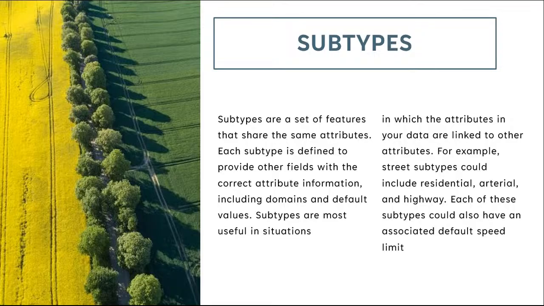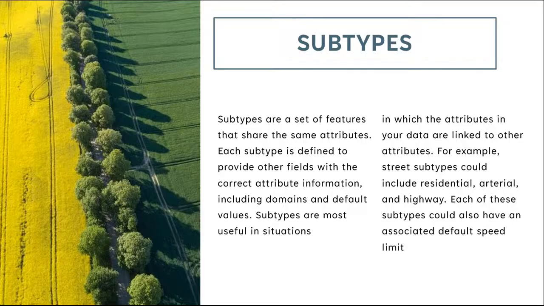Subtypes. Now we established from the introduction that the domain and the subtypes are components that are interchangeable but very important to each other. So what is this subtypes itself? Subtypes are a set of features that share the same attributes. Each subtype is defined to provide other fields with the correct attribute information, including domain and default values.